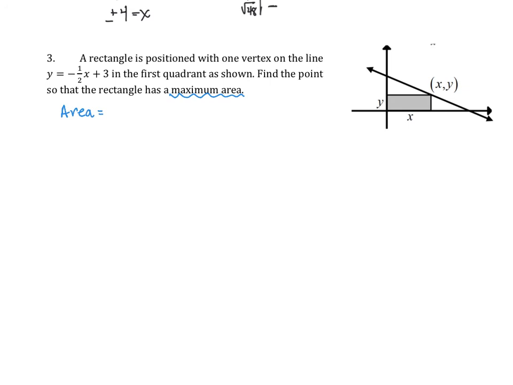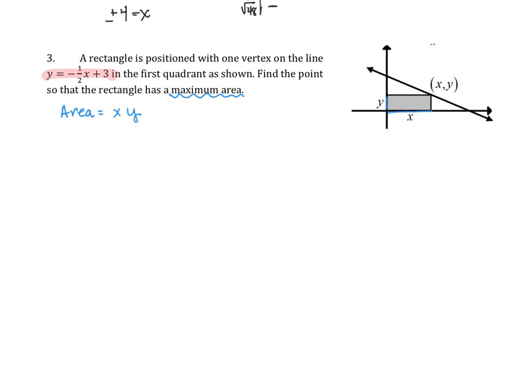So I'm going to write an equation based on area. Pretty straightforward. If we're on a coordinate system, the area is going to be x times y. X because the length of x, y times the length of y. We've got that. Now, the nice thing about this one is I don't even have to write a secondary equation. It is written for me. Not only is it written for me, it's already solved.